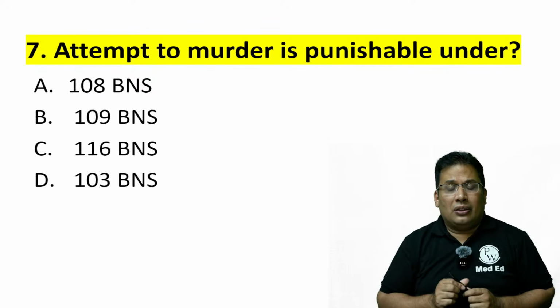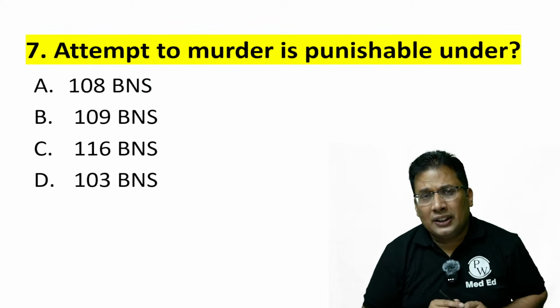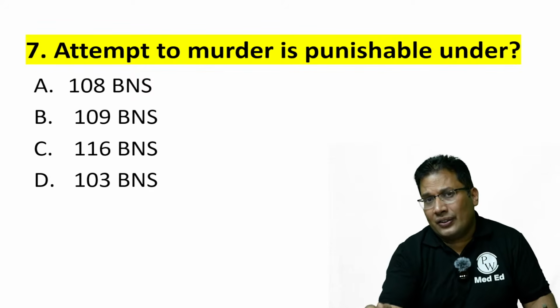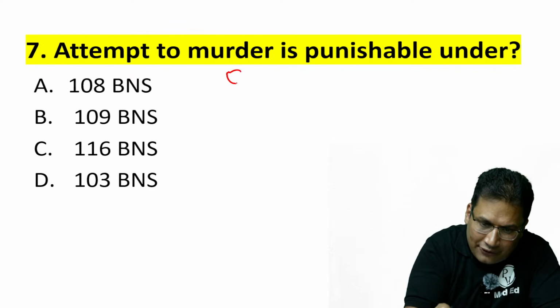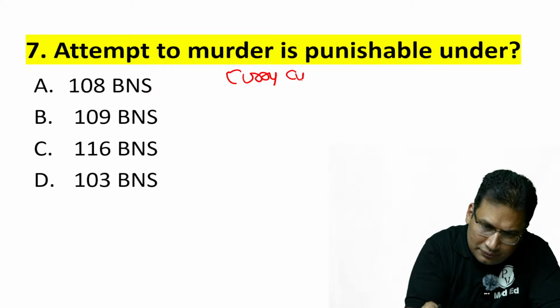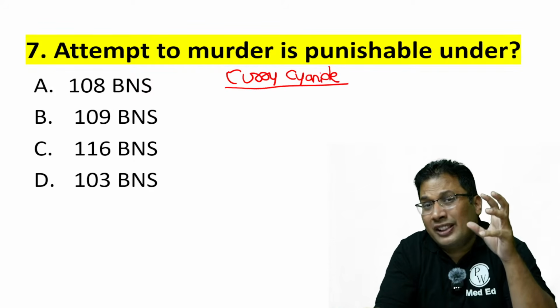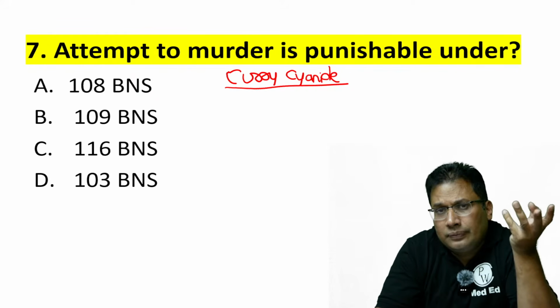Attempt to murder is punishable under. Murder means homicide with the guilty mind and guilty act. There are many cases, like the curry cyanide case, a very famous case of murder, where cyanide was mixed with the fish curry given to the in-laws.